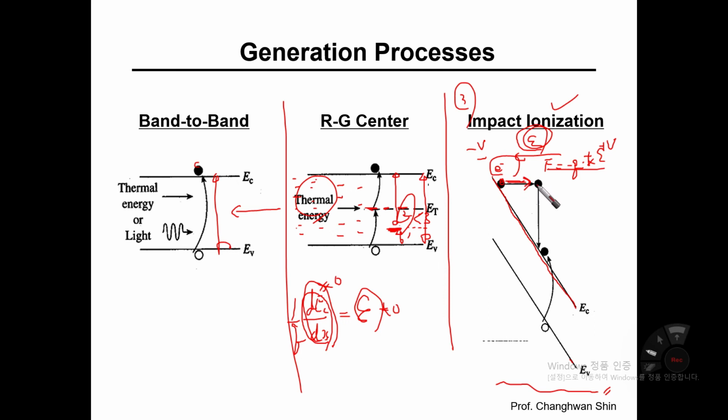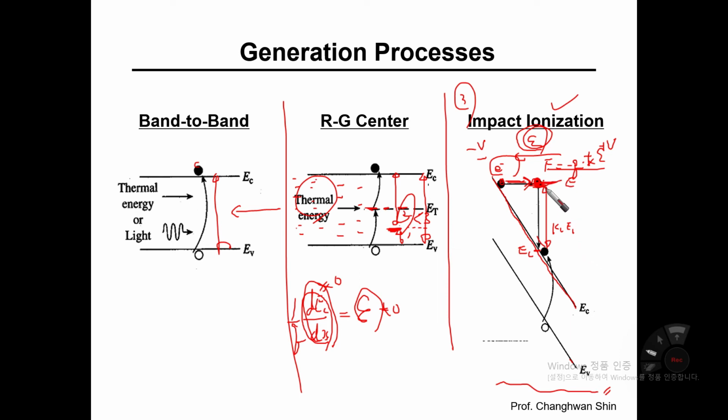At some point, this electron would lose its kinetic energy. How do we define the kinetic energy of an electron in the conduction band? It is the difference between the energy state of the electron and the conduction band edge.